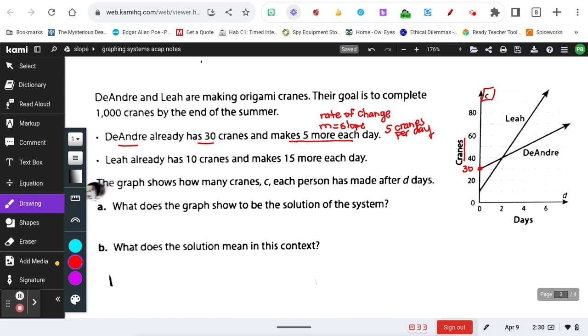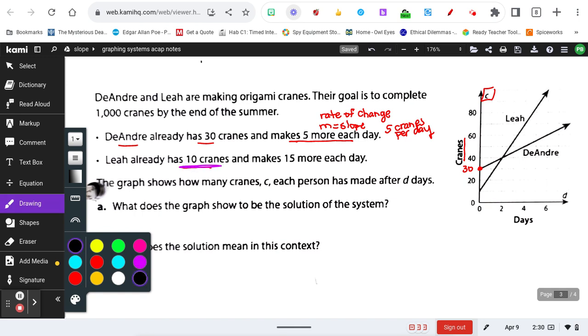Now Leah already has, I do hers in black, 10 cranes. So this is Leah's because it's 10 cranes. So she started with, but she's making way more than he is. She's making 15 more each day. So her slope is 15 cranes per day, or rate of change. Slope and rate of change, same thing.